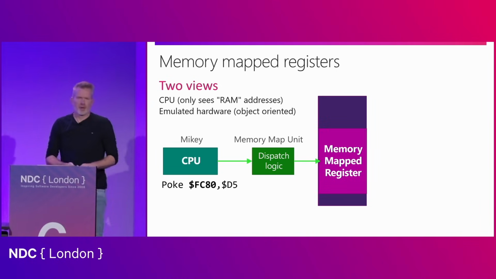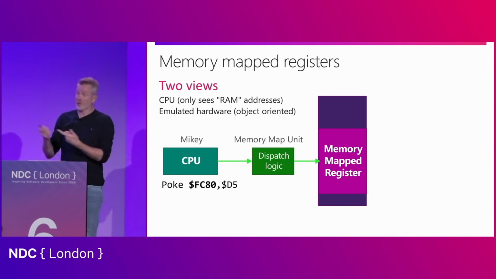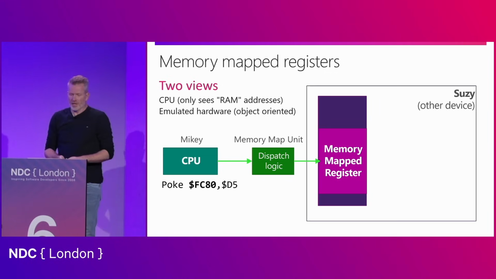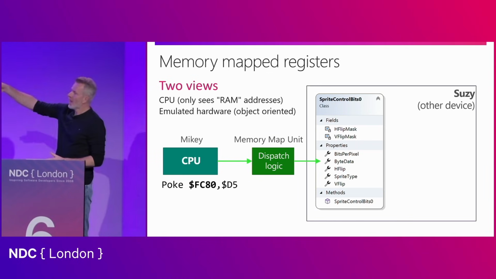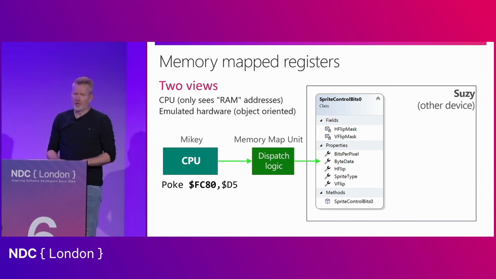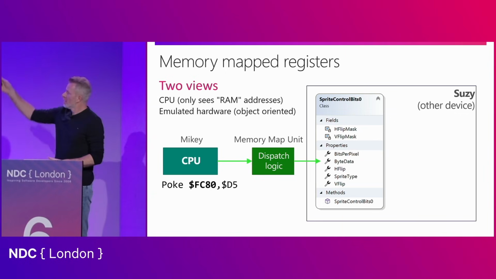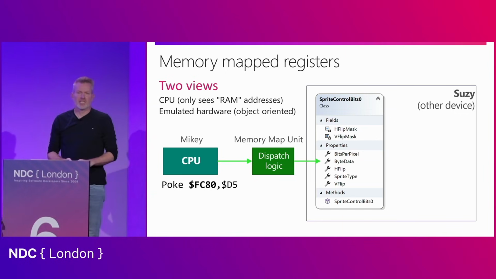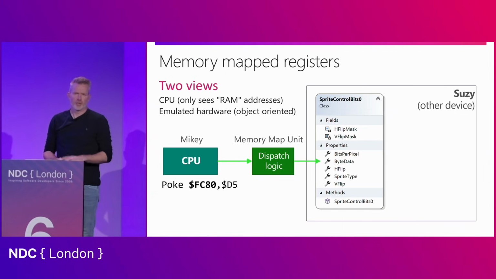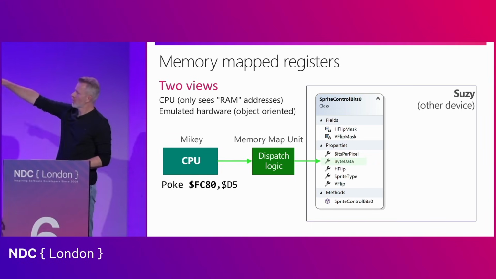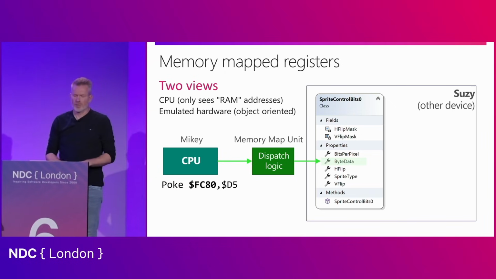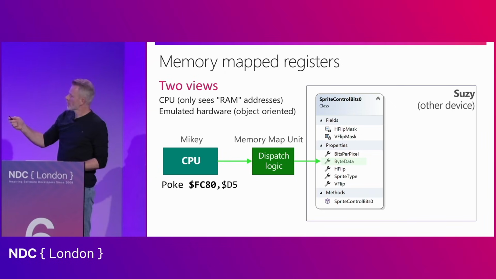Those are called memory mapped registers, and that's where I think things get sort of interesting, because in this case, Susie, for example, might have at that location FC80, documentation is what you need. It might have a certain meaning if you put a value in that register, and in the next slide we'll go into that. But from the CPU perspective, we're just writing a byte of data. You see the little highlighted box? That's what we're doing from that side.